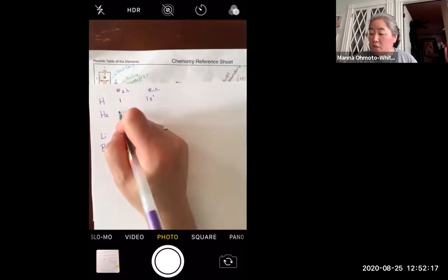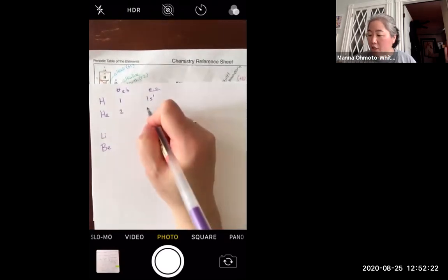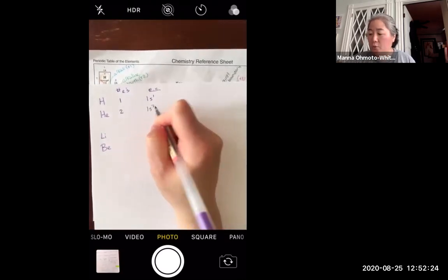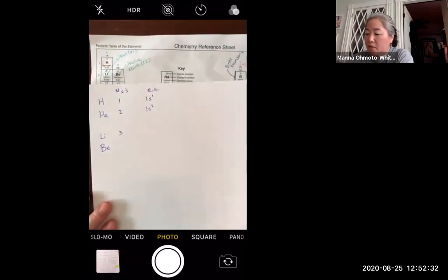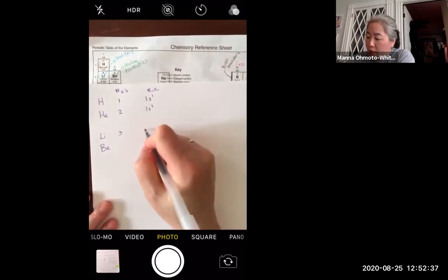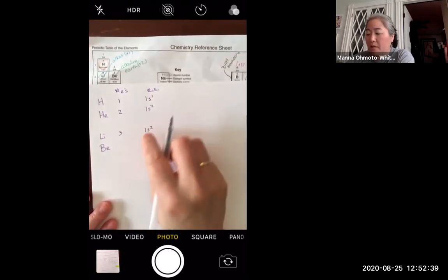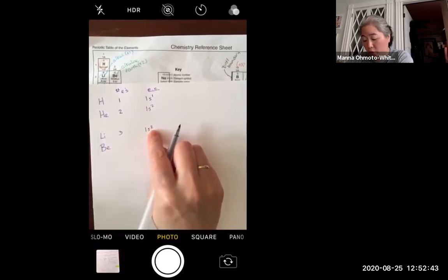Helium has 2 electrons, and they still fit in that first energy level, but now there are 2 electrons. Lithium has an atomic number of 3, which means its ground state has 3 electrons. So the first 2 electrons will happily occupy the first energy level in an S-shaped orbital, and there will be 2 of them.